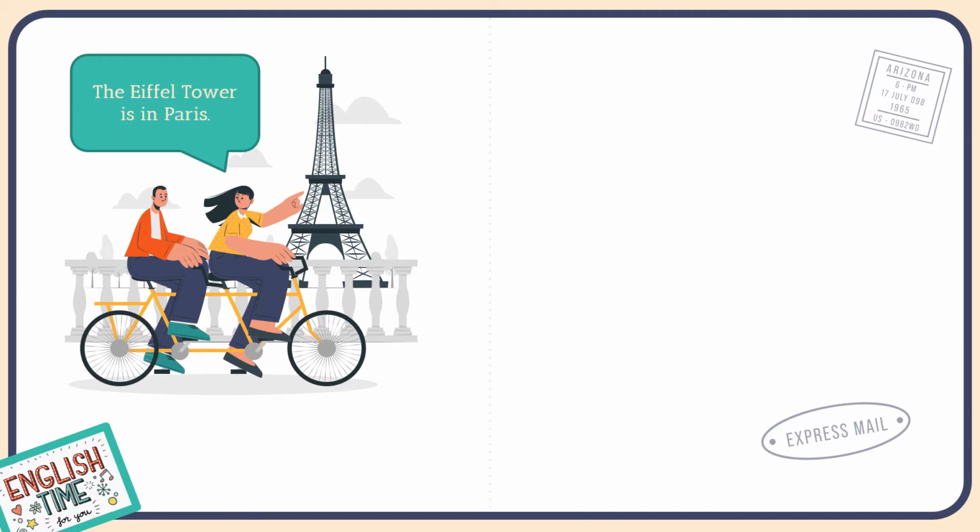When was her holiday? It was in the past, right? So, this sentence, "The Eiffel Tower is in Paris," was said in the past. So, you can write the direct sentence like this. Mrs. Vasu said, "The Eiffel Tower is in Paris."